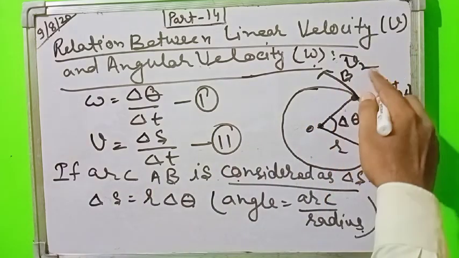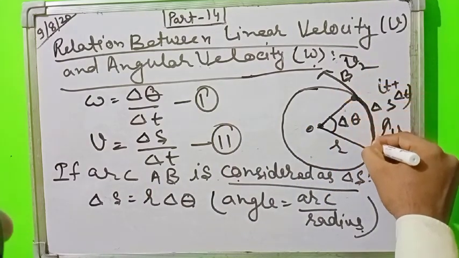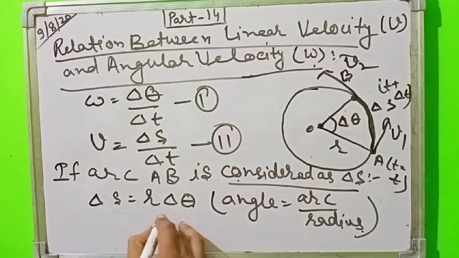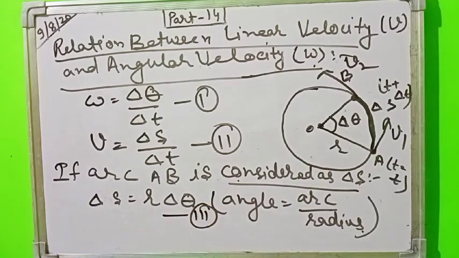So delta s is equal to r into delta theta. This is equation number 3.